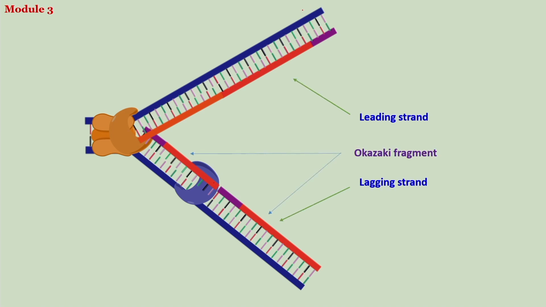So, you see, this strand is called the leading strand, and this parent strand is known as the lagging strand. So, this one, the 5 prime to 3 prime strand, is the leading strand, and the 3 prime to 5 prime is the lagging strand.